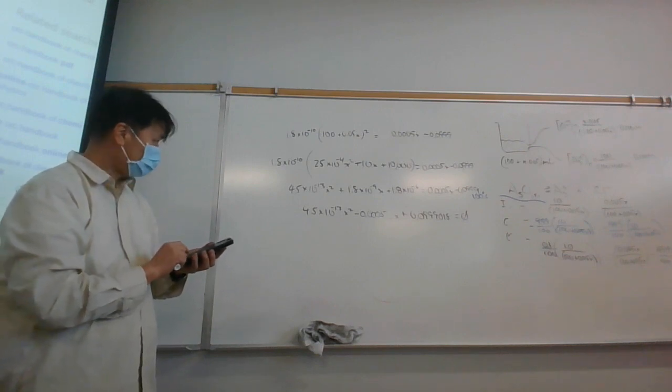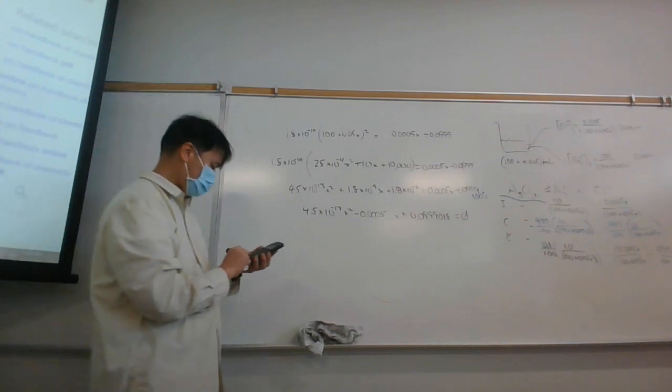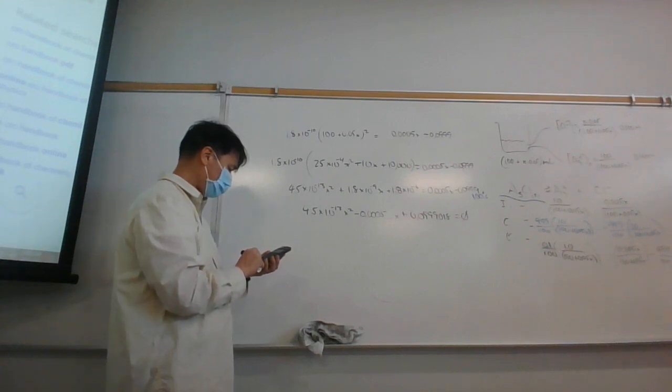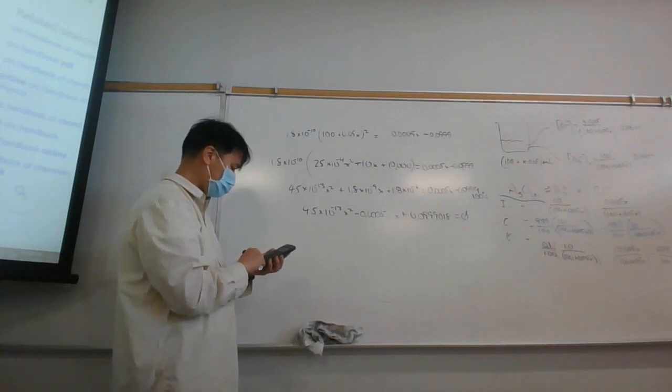So A is 4.5 times 10 to the negative 13. B would be negative 0.0005. C would be 0.0999018.